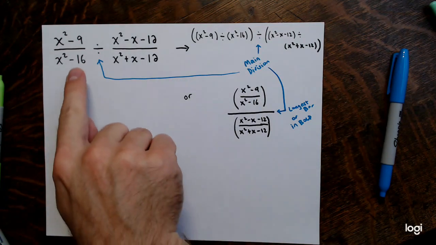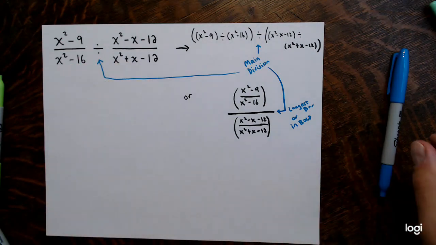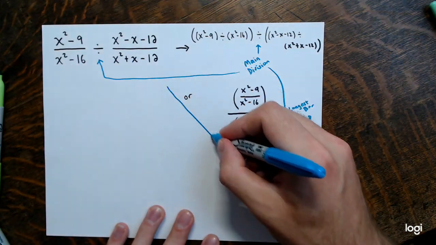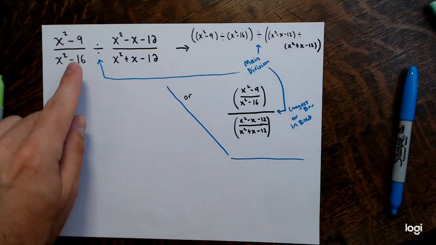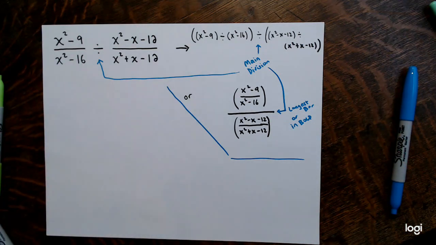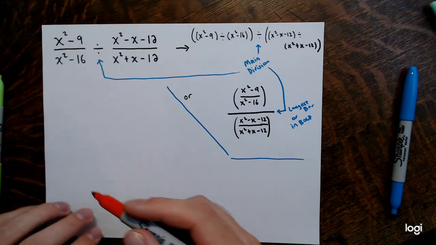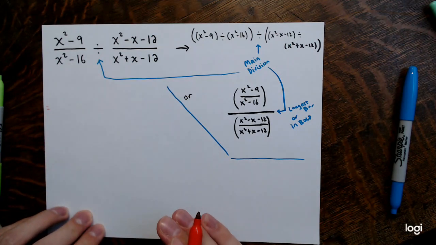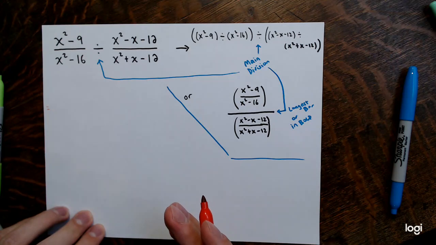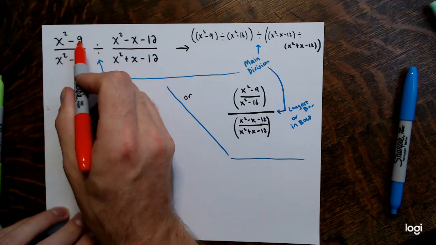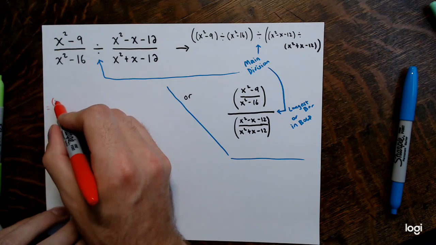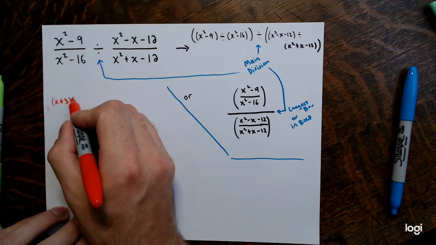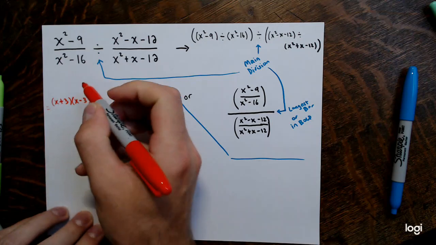So I'm going to stick to the way it originally looked and go through the procedure I described to you in the last example. The first thing I'm going to do is factor everything: the numerators and denominators of both fractions. x squared minus 9, a difference of squares, factors to x plus 3 times x minus 3.